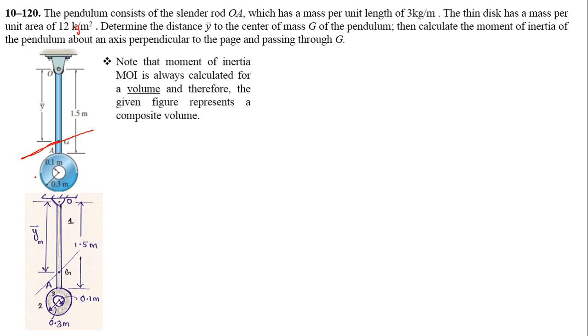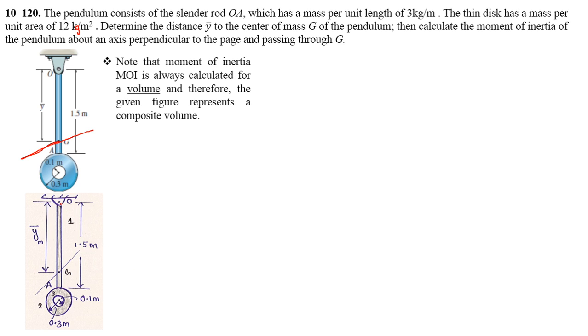So let us name the segments that are given to us in this figure. So we say that this rod OA is actually volume number 1, sub volume or constituent number 1. Then this larger disk is volume number 2, and this smaller disk, which is actually being extracted or subtracted from the figure, is volume number 3.